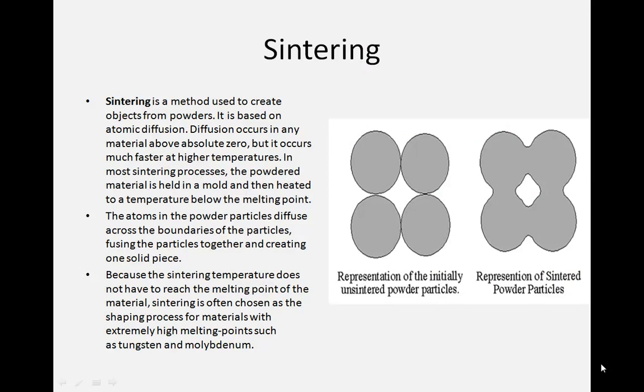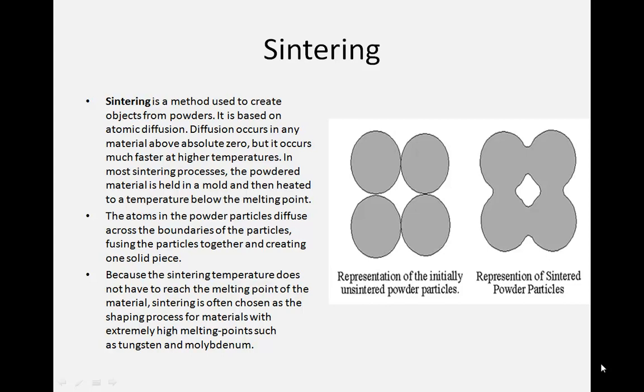Next we have sintering. Sintering is a part of the powder metallurgy process, and it is based on the principle of atomic diffusion. The atoms in the powder particles diffuse across the boundaries of the particles, fusing the particles together, and this leads to the creation of one solid piece.